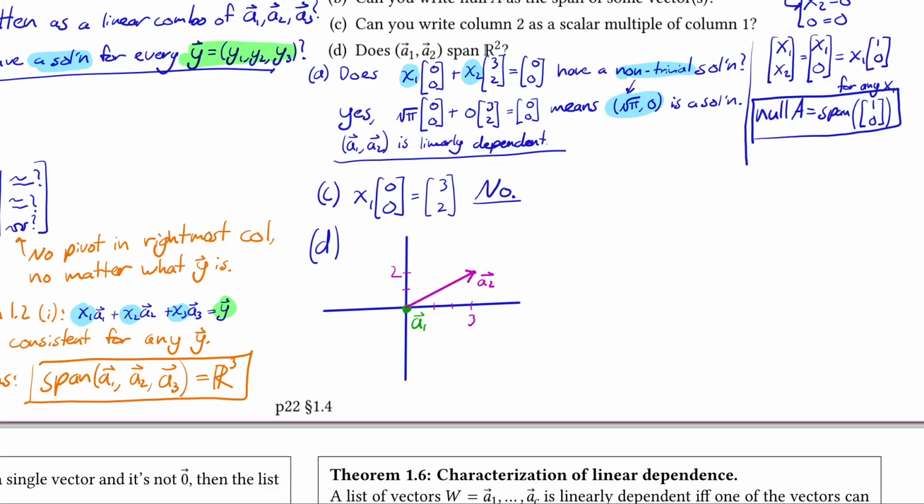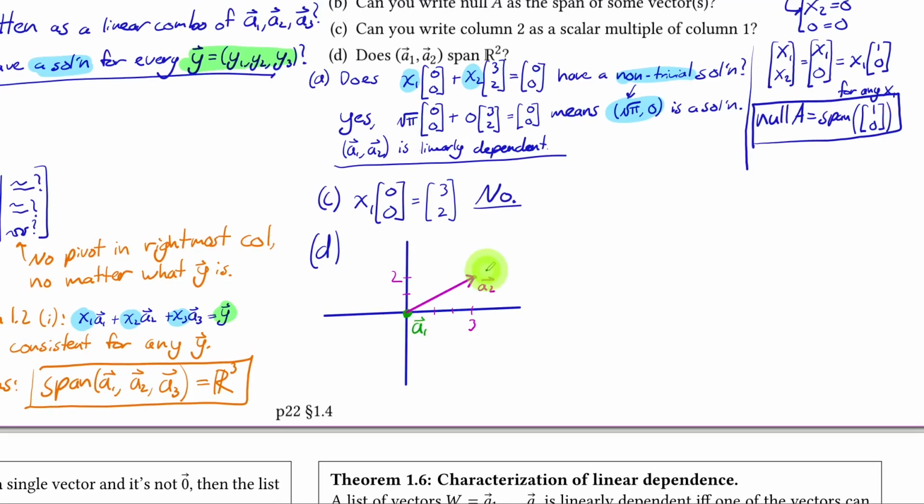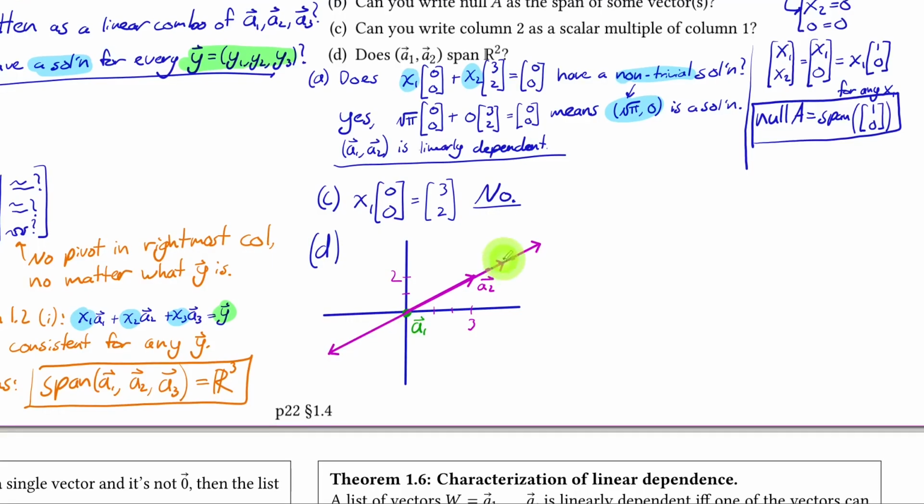So when we get any multiple of 0, if we try to stretch out that A1 vector, it's not going to go anywhere. But we can stretch out the A2 vector and get other points over here if we make it longer, or we could multiply A2 by a negative number and get points out here. And then you could add plus 0 to those if you want, or not.